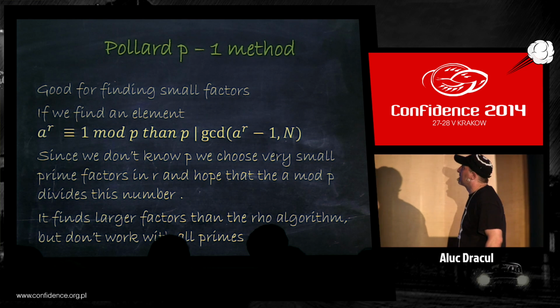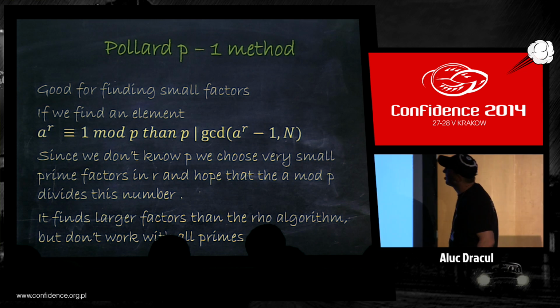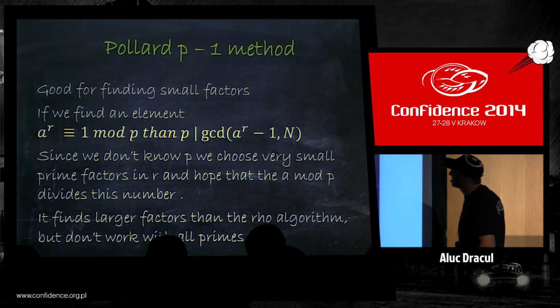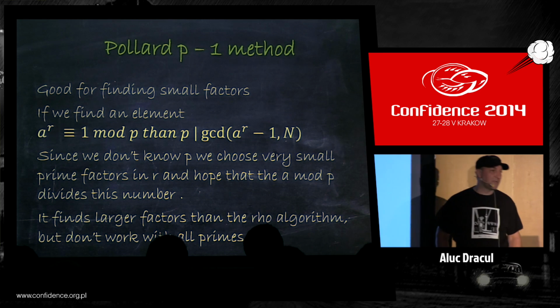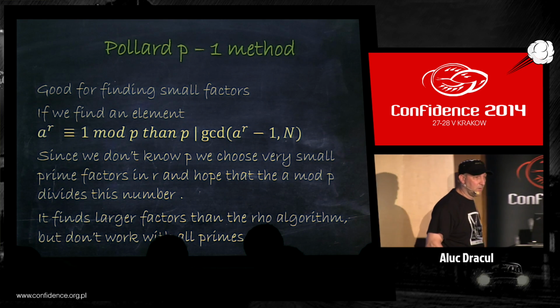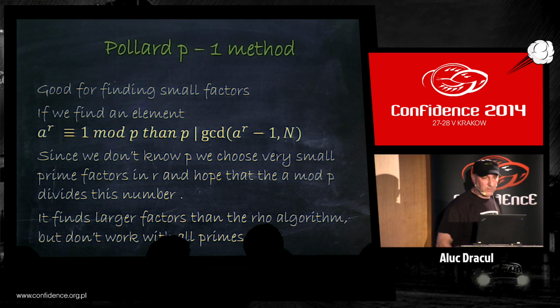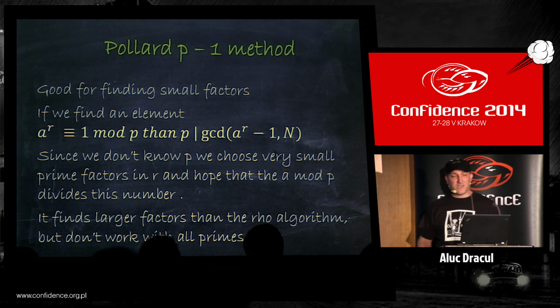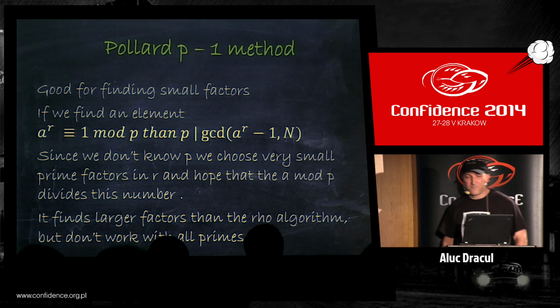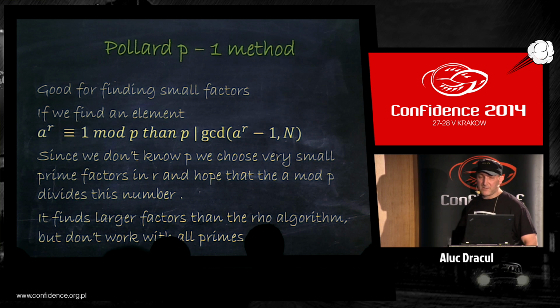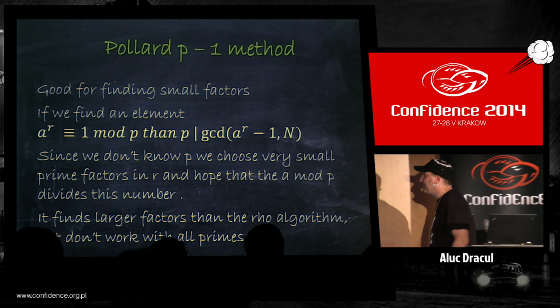So the Pollard p-1 method is a bit better if you still have small factors, and if you can find an element a to the power of r which equals 1 mod p, then we divide p by the GCD of a to the power of r minus 1 and n.